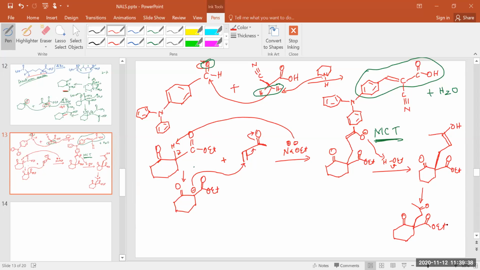Okay. And because it's a basic condition, see here, now the base sodium ethoxide. Here you have 3 hydrogens. I'm writing 1 hydrogen. So this can take this proton, and this anion can react with this.